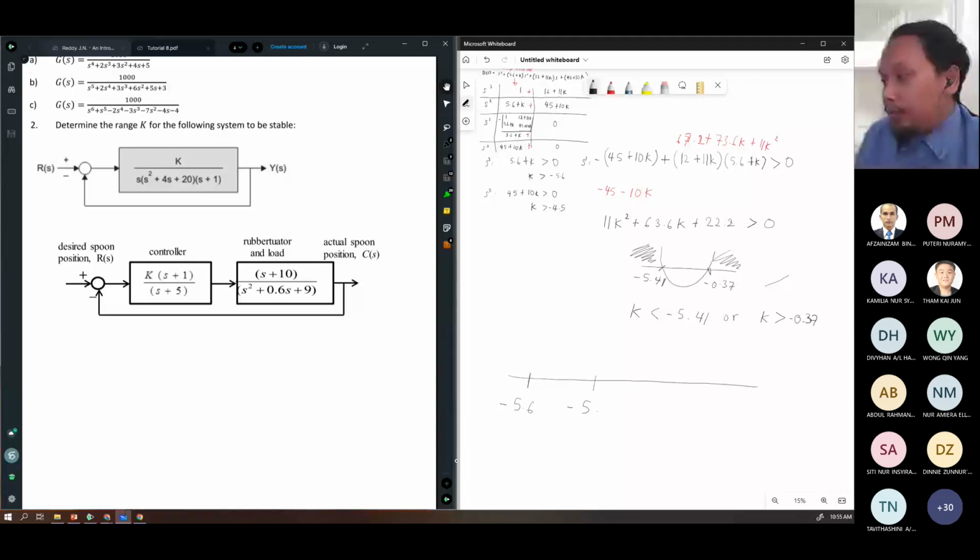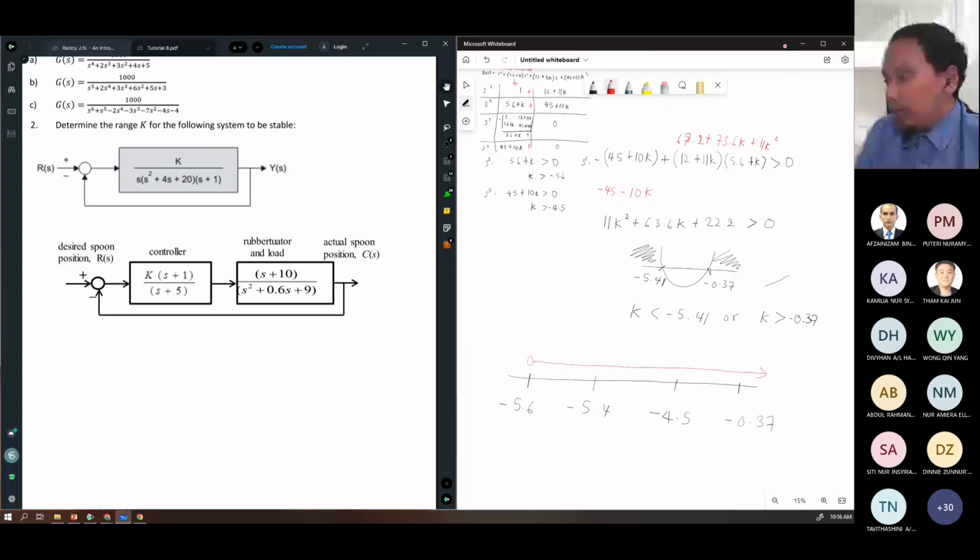So negative 5.4. 4.5. And then this is negative 0.37. So firstly, you need to draw a number line. So K bigger than negative 5.6.